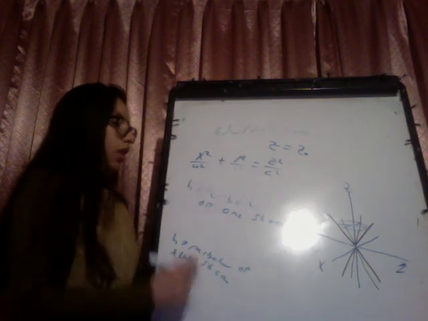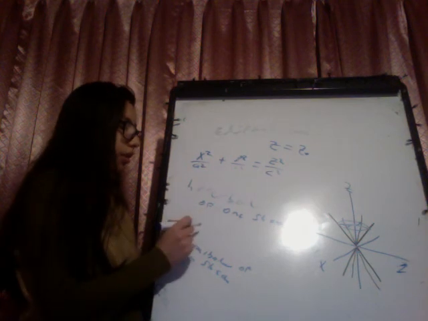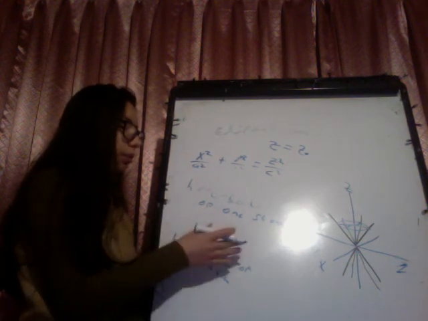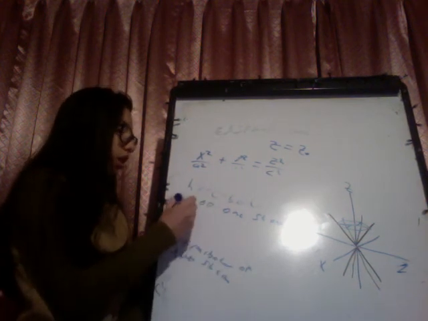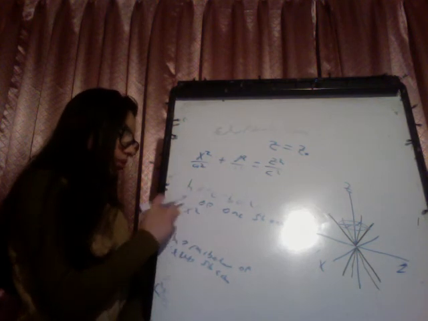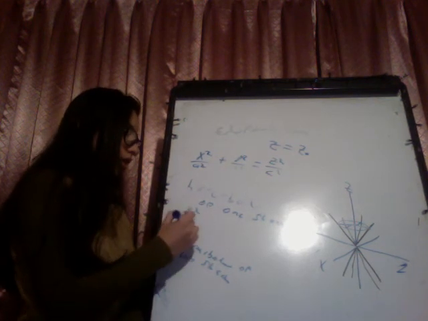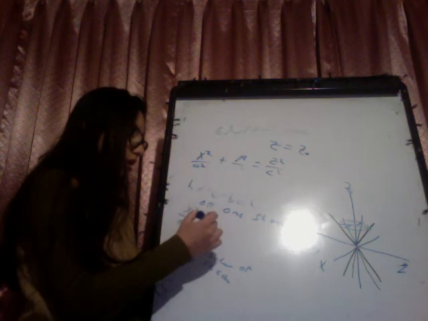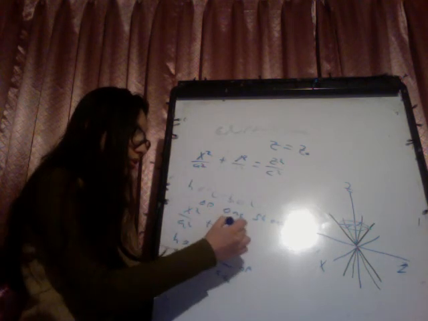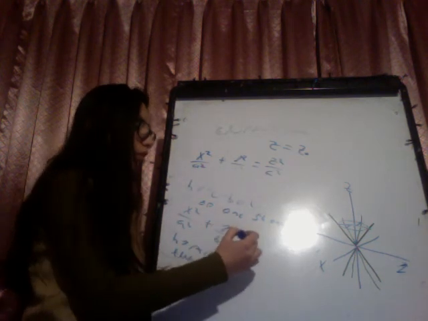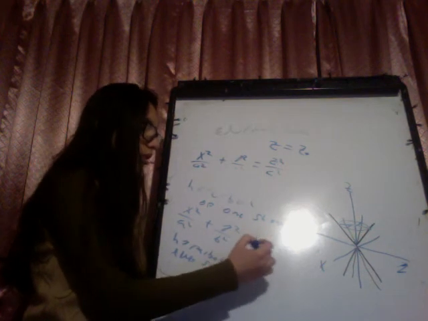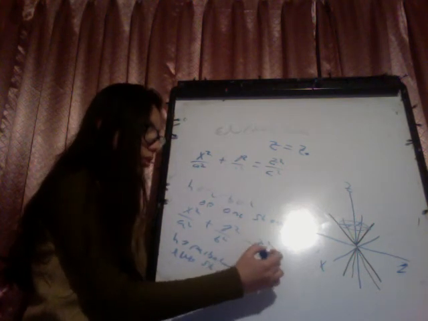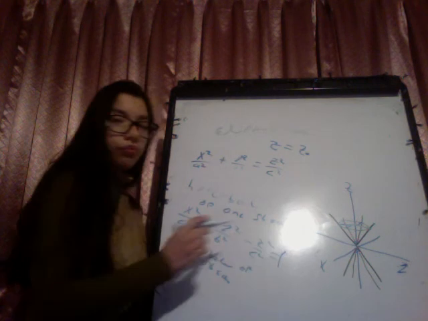This is the equation of the hyperboloid of one sheet: x squared divided by a squared plus y squared divided by b squared minus z squared divided by c squared equals 1.